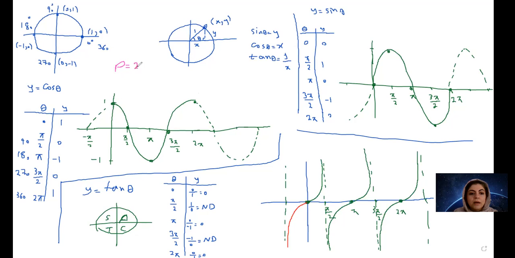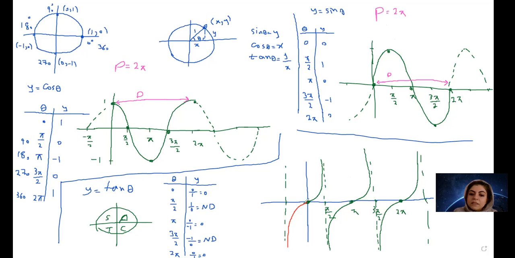So it's going to be 2 pi, the length of one full cycle from here to here. We call it the period. The period here is from 0 to 2 pi, because after that, it will repeat itself. So from here to here is a period again. So the period again here is going to be 2 pi.